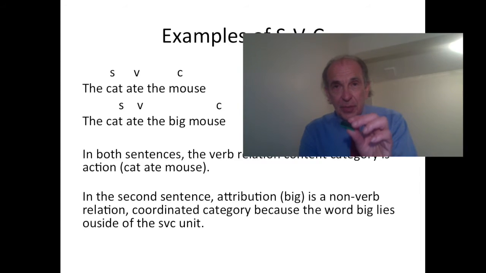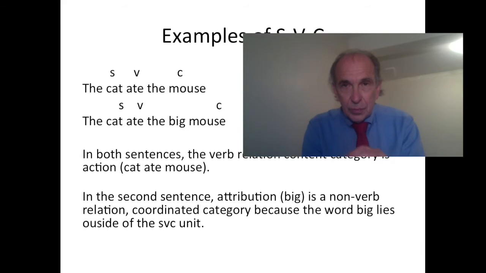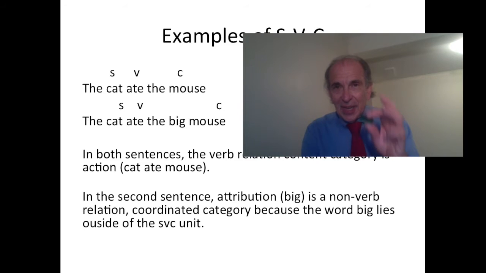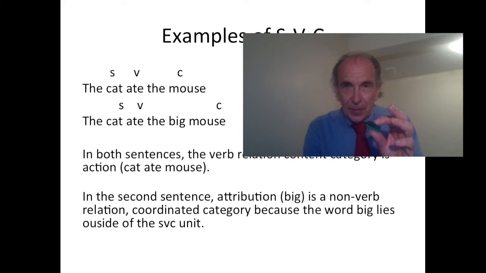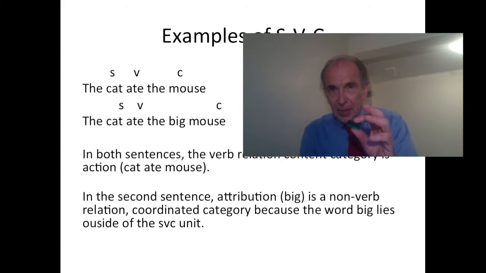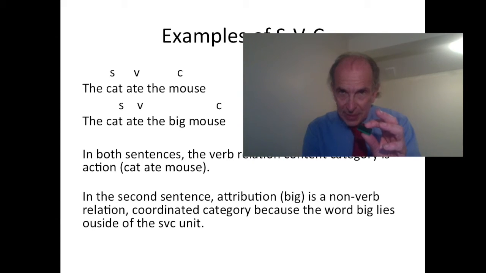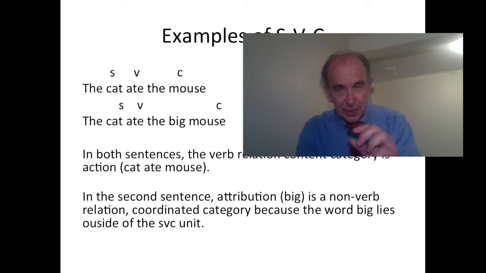So I need you to become sensitive to the subject-verb complement structure of sentences, and also skilled in identifying the content category that is represented by the core subject-verb complement relationship of a sentence. And our focus here will be single verb sentences first.